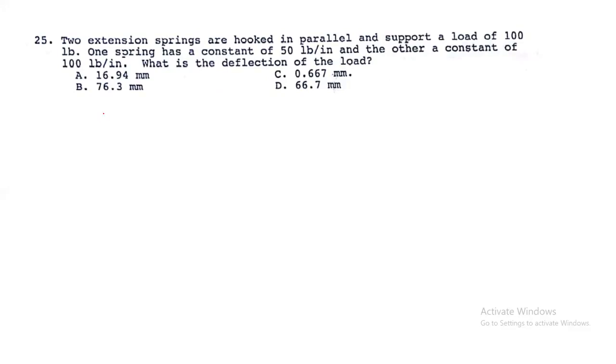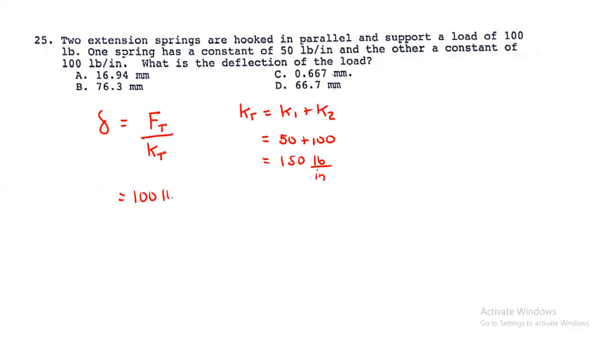So 25, deflection is equals to force total over K total. So ang K total natin dito guys, since parallel, K1 plus K2. So pag-add lang natin, 50 plus 100 is equals to 150 pounds per inch. So substitute natin dito. So force total natin is 100 pounds per 150 pounds per inch.